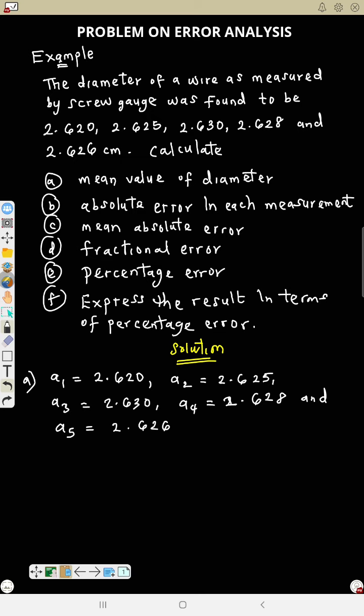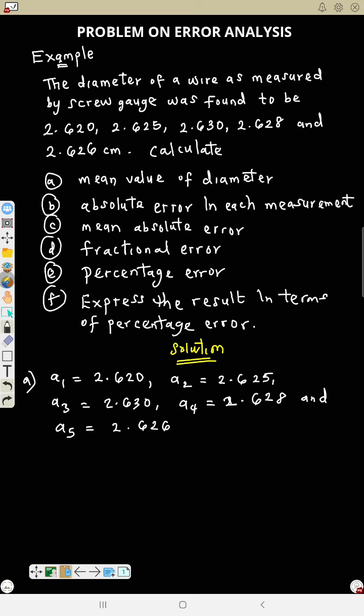So let's say these are the observations. Now, to find the mean value of the diameter, all in centimeter, we need to take the arithmetic mean of all these observations, and that will be our true value.